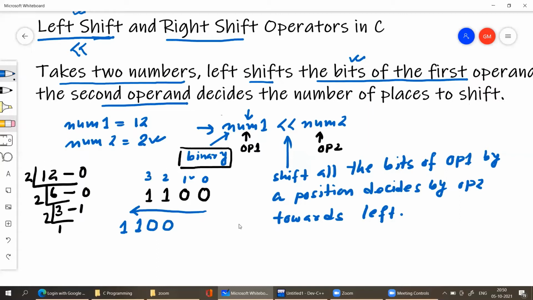So I have shifted the bits by 2 positions. What about the first and the 0th position? They will be filled with 0. Now the positions are: this is 5, this is 4, this is 3, this is 2, this is 1, this is 0.